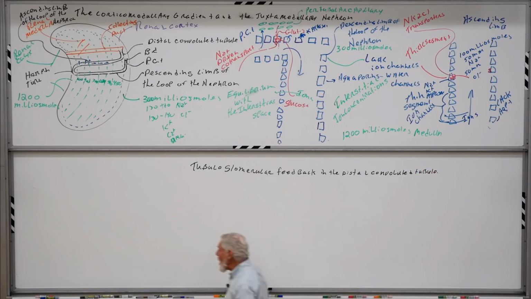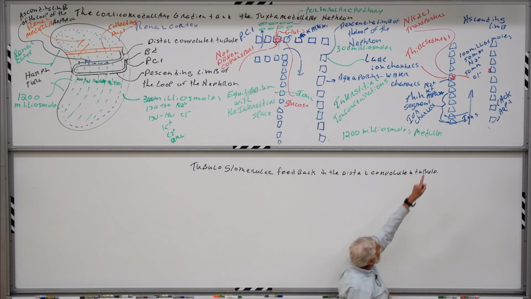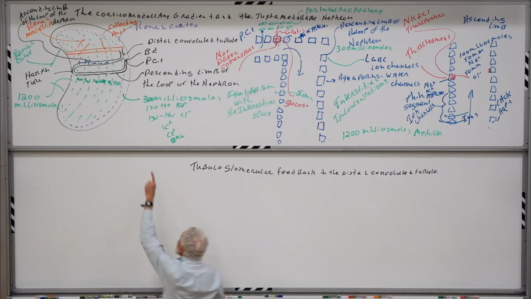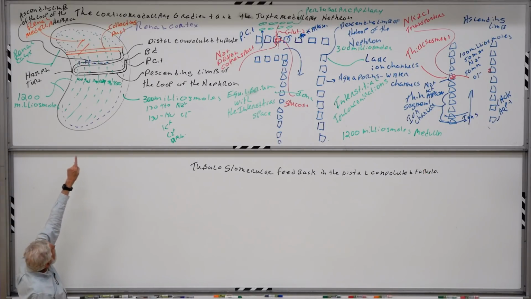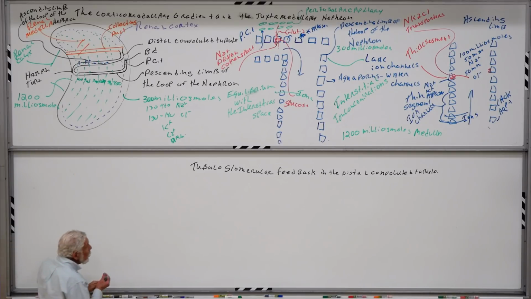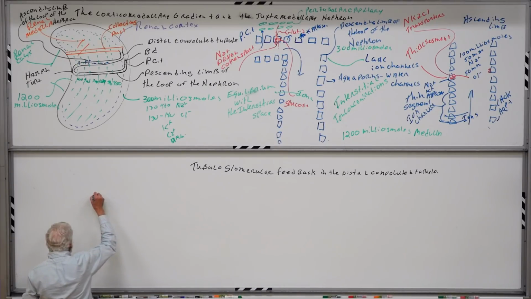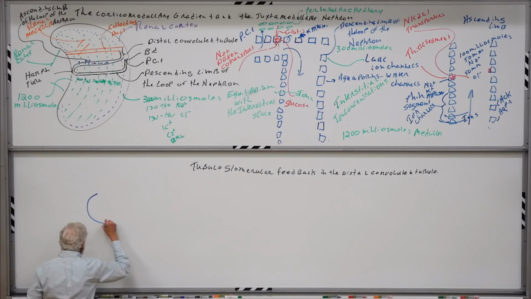Now, if you look in the upper panel, you can imagine that fluid, particularly over here on the right, goes up, and then at the top there will be the distal convoluted tubule. That's shown by that region in the cortex that links into the orange segment. What I want to do, though, is draw it a little bit differently this time around. I'm going to show this region of the distal convoluted tubule as a kind of circle.